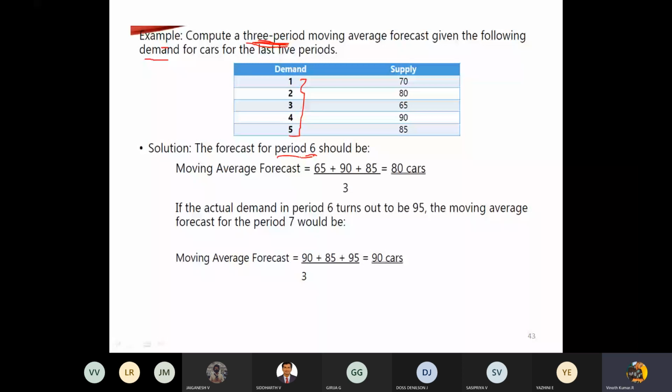For the forecast of period 6, let's take the moving average forecasting method, right?